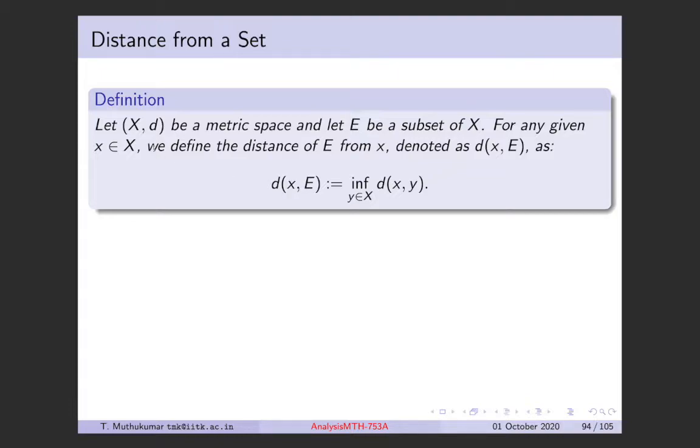If x is any element of the metric space X, then the distance of x from E is nothing but the infimum of the distance between x and y, where y is running over all elements of E. Basically, from x, you look at the distance to all elements of E, and the distance is precisely the shortest path to reach E.